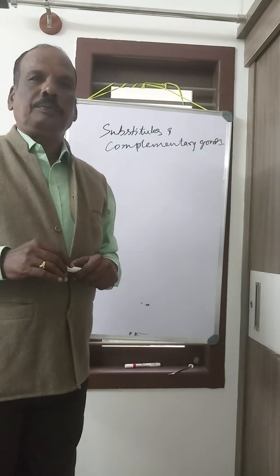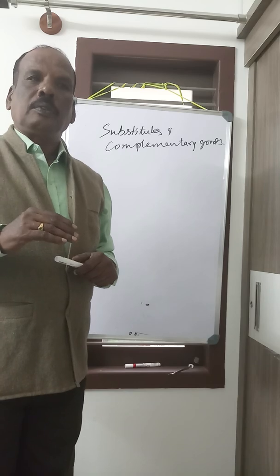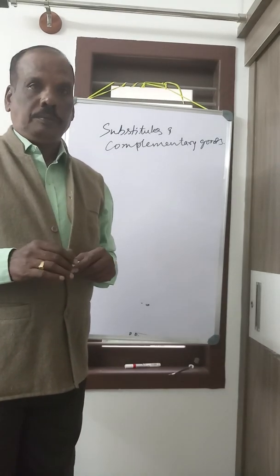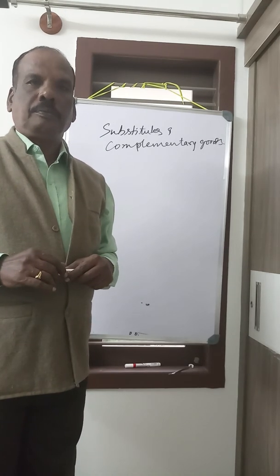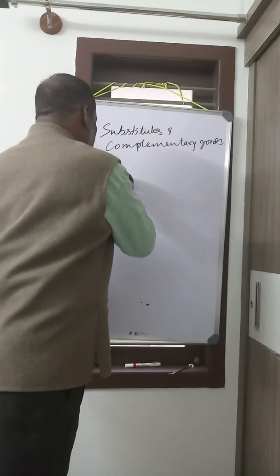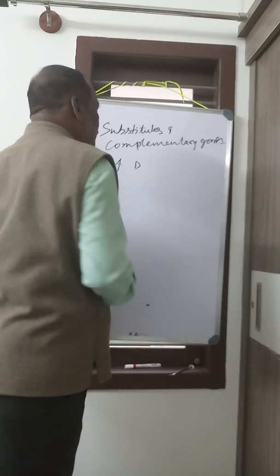Let us see what happens for the demand when the price of one good, one substitute, changes. When the price of a substitute rises, the demand for the other substitute increases.